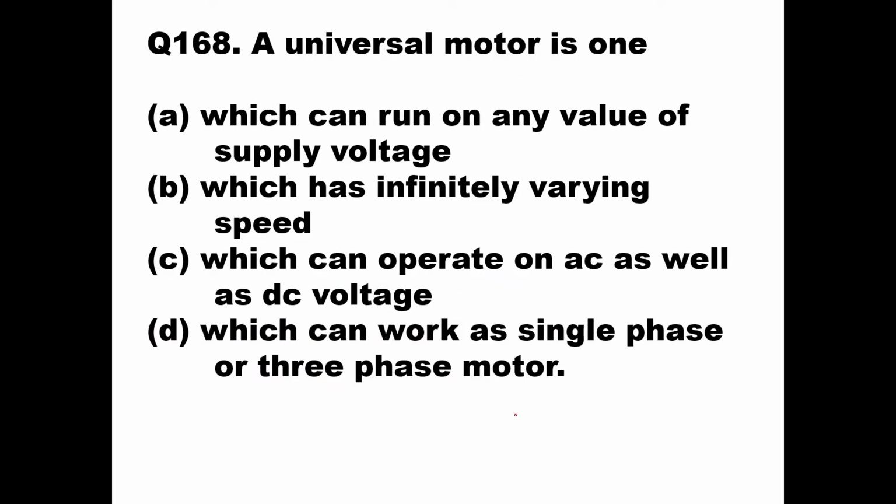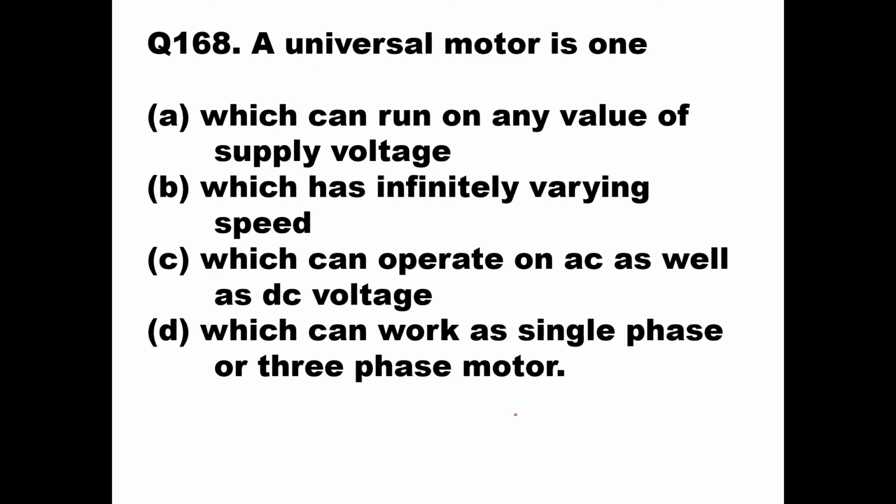Question number 168. A universal motor is one. So here options are: which can run on any value of supply voltage, which has infinitely varying speed, which can operate on AC as well as DC voltage, which can work as single phase or three phase motor. So it is very basic.